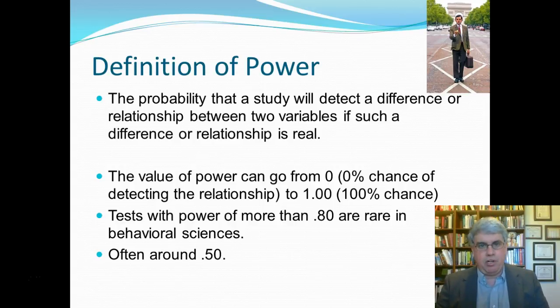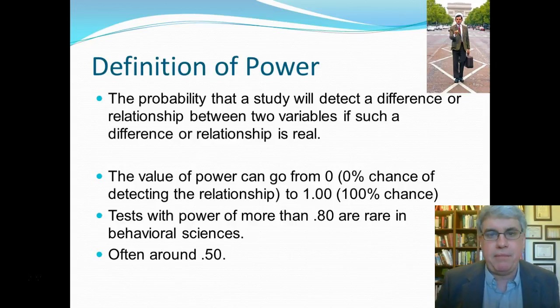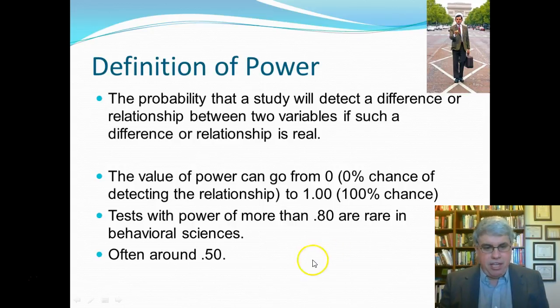They're becoming more and more common as people are becoming aware of the importance of power. But in the past you could often see tests with power of only around 50%, which is pretty discouraging because that means you run a complex study, and if the phenomenon you're studying is real, there's only about a 50% chance of detecting it.